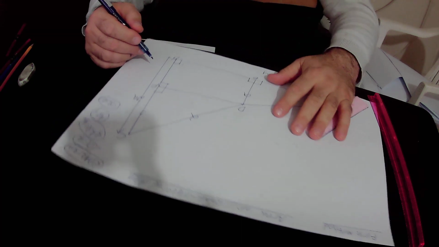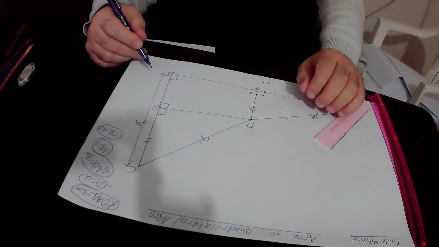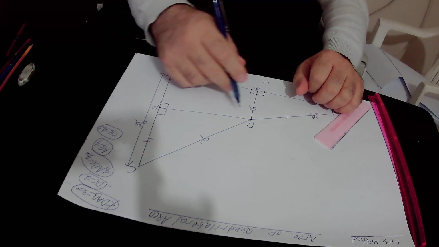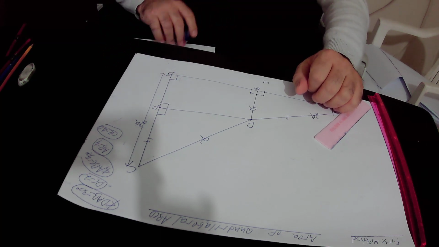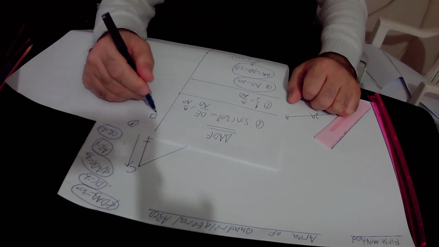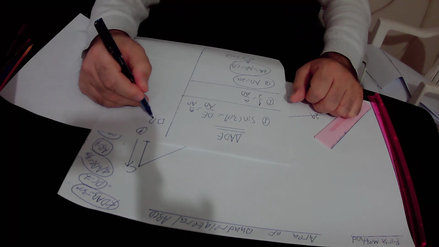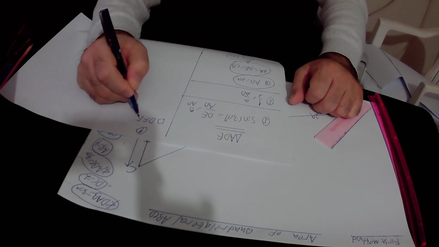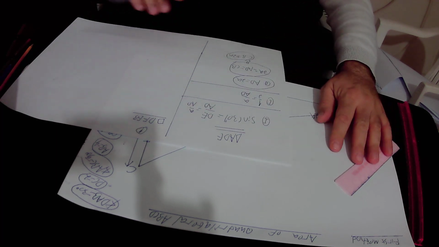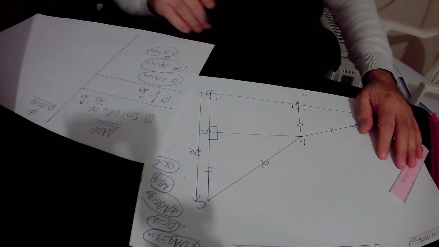And we will focus on quadrilateral DFEB. In quadrilateral DFEB, we have three right angles.